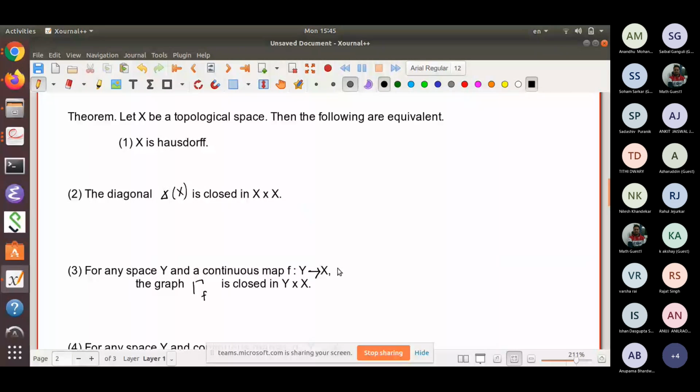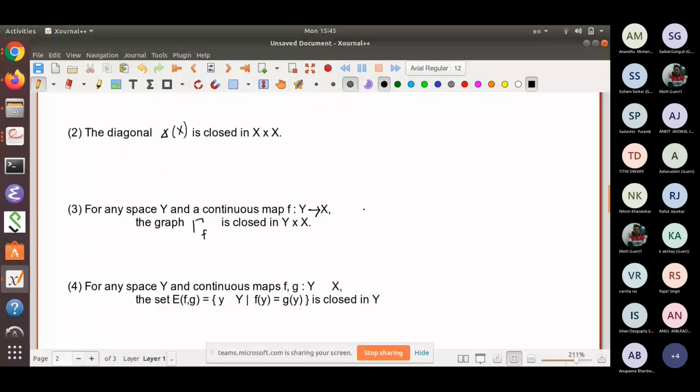The third equivalent statement I have given you, and this I gave you long ago as well, is that if I take any map f from Y to X, this function f is going to have a graph which I'll show by this violet color. This is the graph of f.